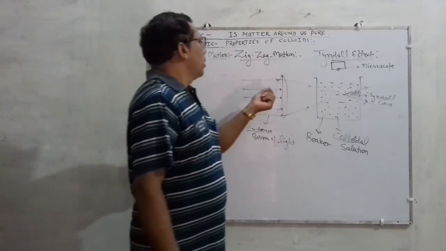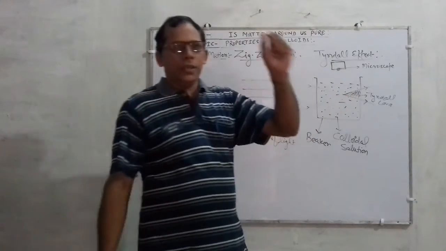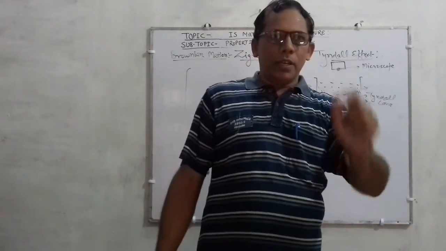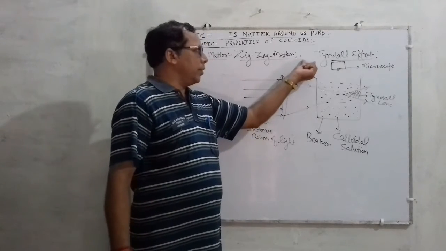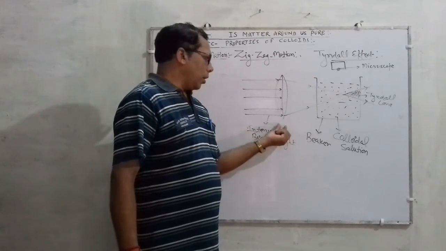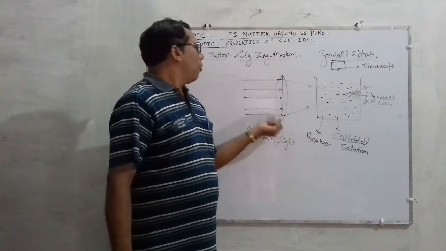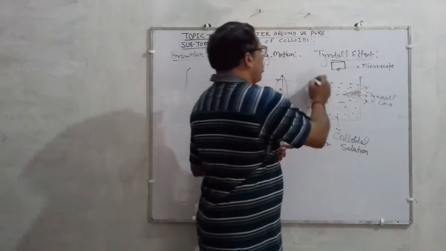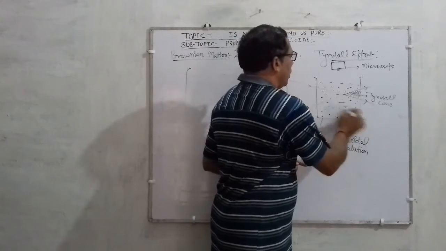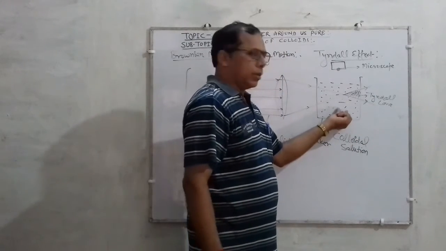This Tyndall effect arises due to the scattering of light by colloidal particles, and experimentally it can be seen when an intense beam of light passes through a colloidal solution kept in the dark.